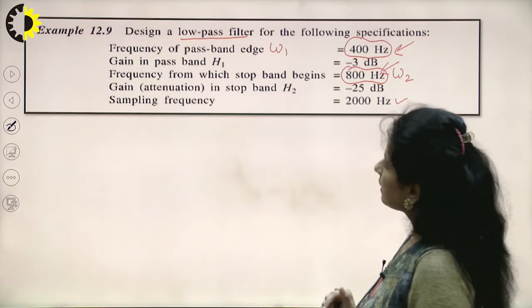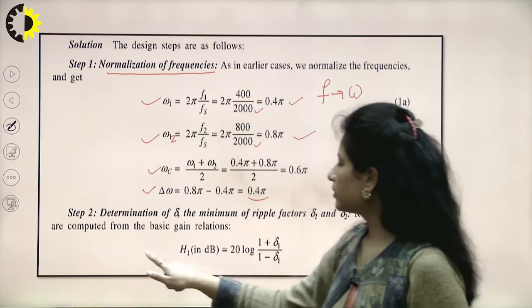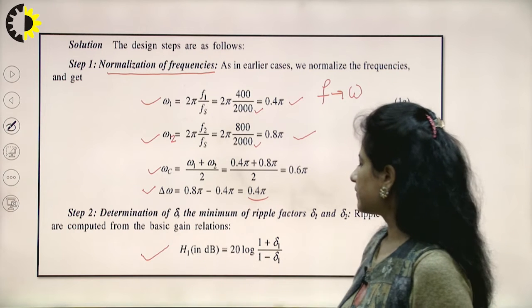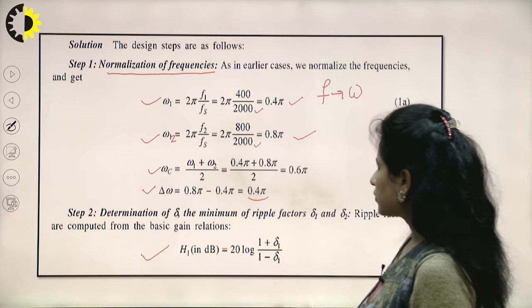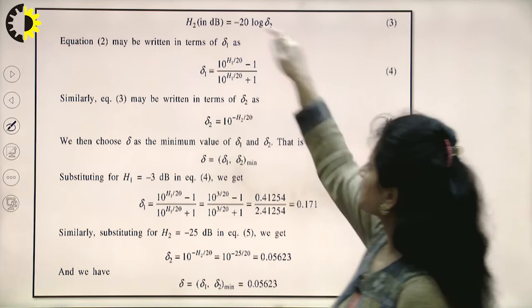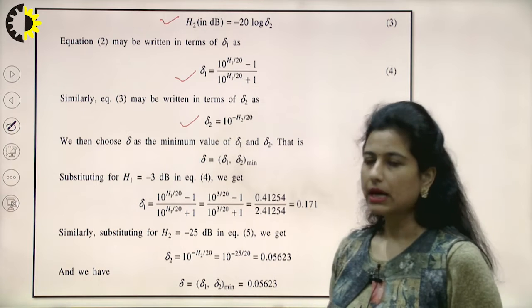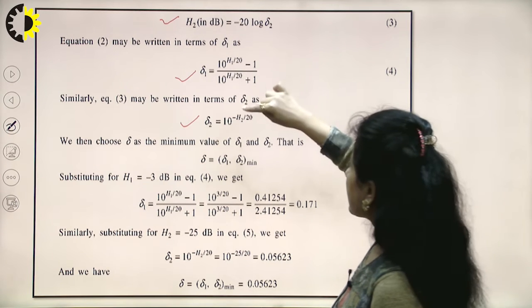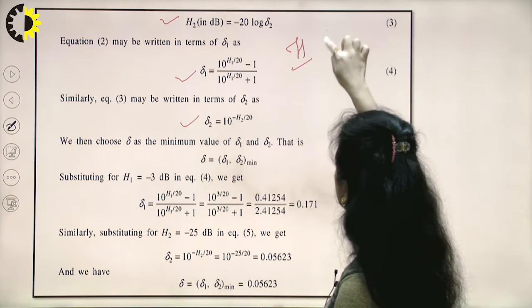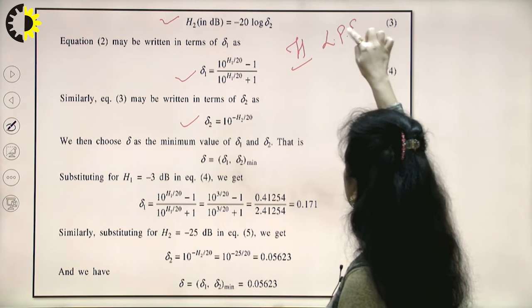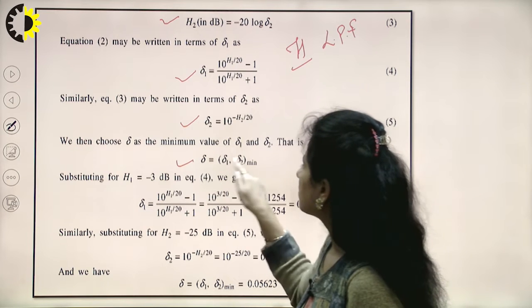Now, the second thing which has been given is the gain in the pass band and the gain in the stop band. So I would define H1, H2, the transfer function, as 20 log of 1 plus delta 1, 1 minus delta 1. From here, I would calculate the values of the different parameters, delta 1 and delta 2, which are the attenuation in the pass band and the attenuation in the stop band. So H1 and H2 are the transfer function of the low pass filter. Whatever values I get for these two attenuations, I need to choose the minimum of the two values.